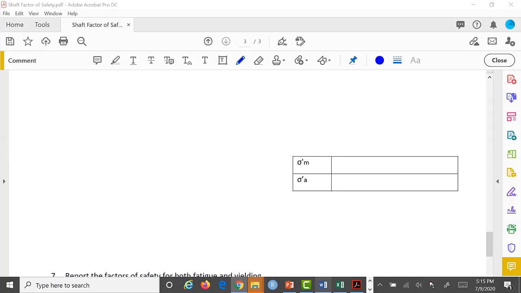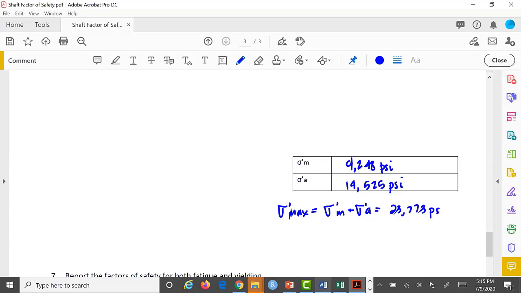So to report values, sigma prime M, 9,248 psi. Sigma prime A, 14,525 psi. And then again, if you were reporting sigma prime max, you can just do sigma prime M plus sigma prime A.